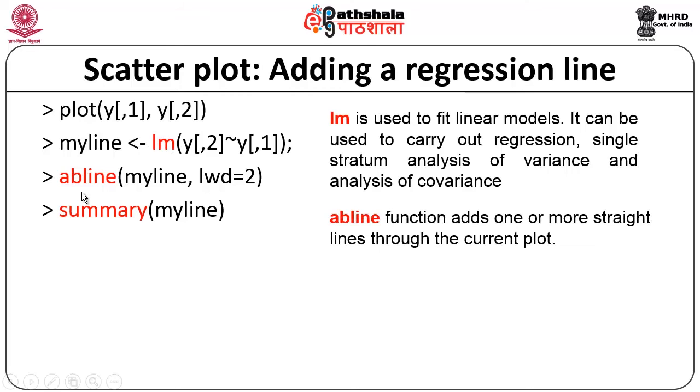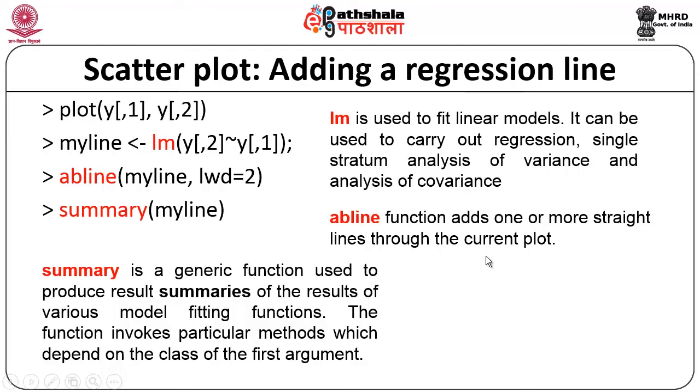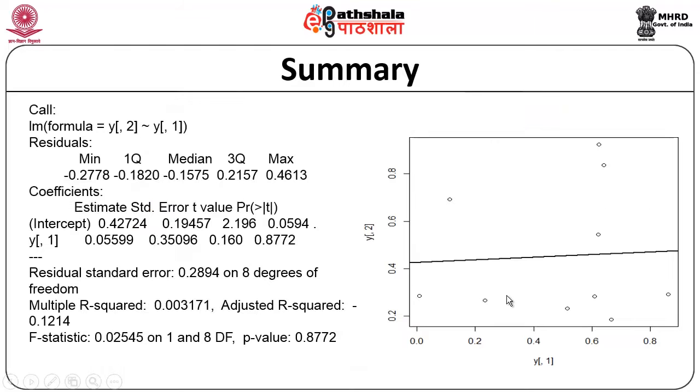The abline method, as mentioned earlier, is used for adding one or more straight lines to the current plot, and finally the summary is going to generate the summary statistics of the resulting model, which has been generated based on the LM method, that is the linear model adapted as part of the LM method. So, the output of these lines of code will look like this.